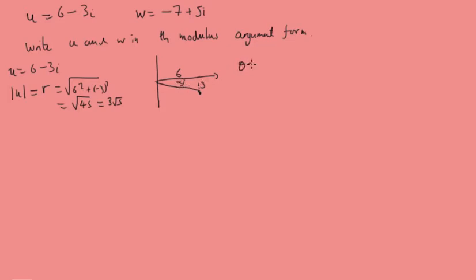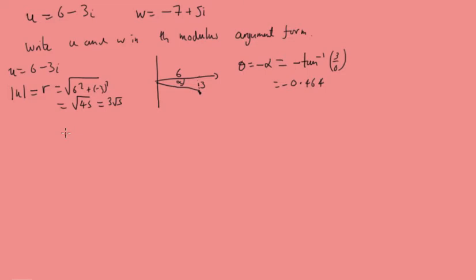So theta is going to be equal to minus alpha, which is minus the inverse tangent of 3 over 6, which comes out at minus 0.464 radians.